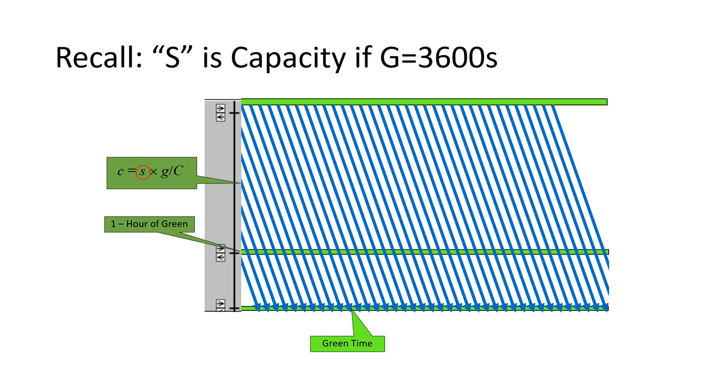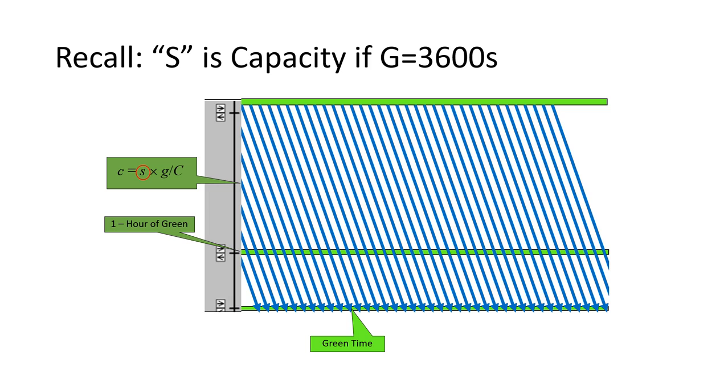If you remember that our capacity of a traffic signal is calculated based on the saturation rate of a single lane or a group of lanes that are all moving the same direction, so all through movements or left turns or something like that, all in the same cycle, in the same phase timing for the traffic signal.